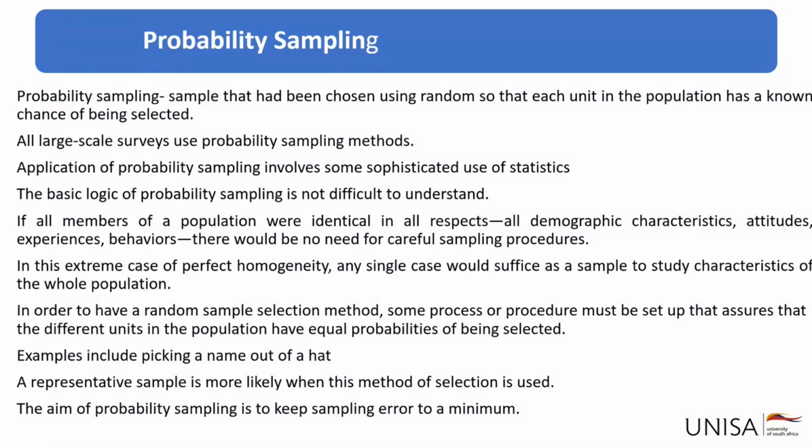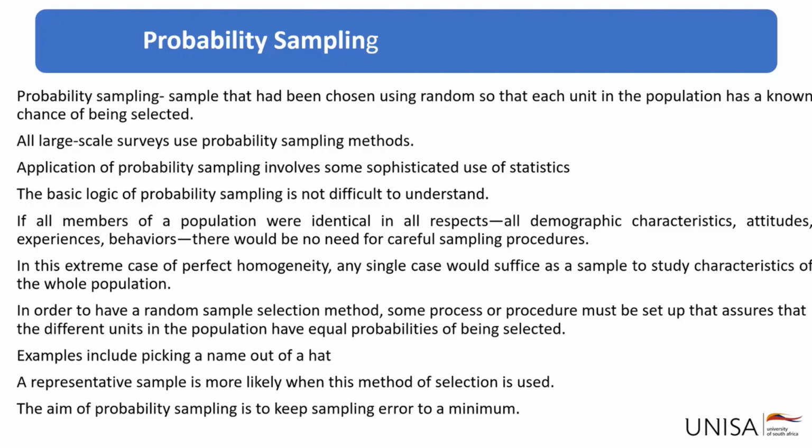Application of probability sampling involves some sophisticated use of stats, and it's understandable why. The logic of probability sampling is that if all members of a population were identical in all respects, in other words, if people were the same in all demographic characteristics, attitudes, experiences, behaviors, there would be no need for a careful sampling procedure, because then whatever you see in Annele is what you will get in Godfrey.